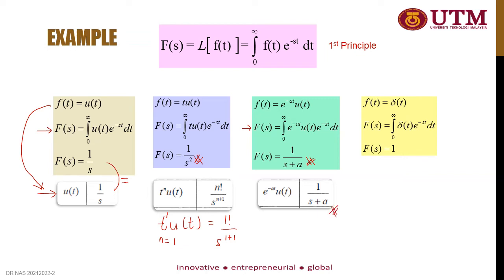Another example, when you have an impulse function, by using first principle you integrate it, and you get F(s) equal to 1. When you refer to the Laplace transform table, when you have f(t) equal to delta(t), your F(s) equals 1. So it is the same as the answer by using the first principle.